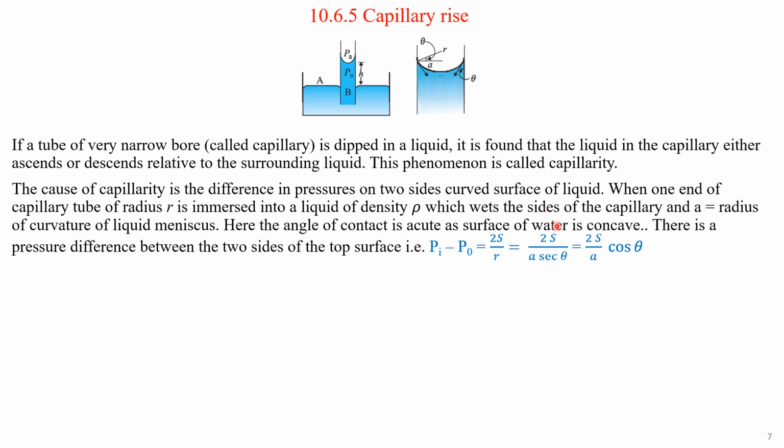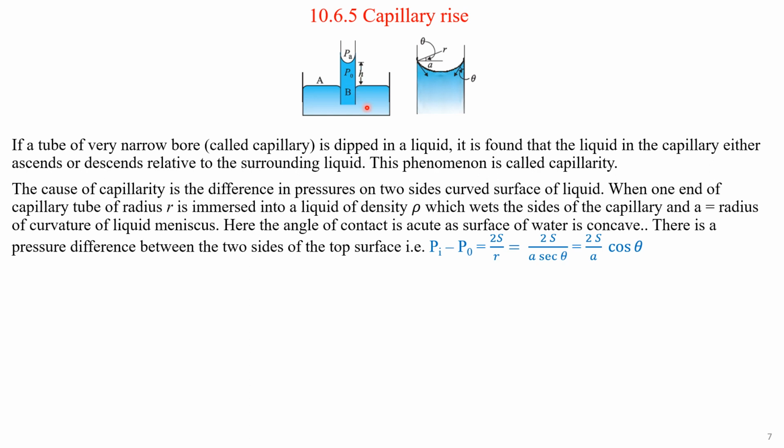When one end of the capillary tube of radius r is immersed into a liquid of density rho, which wets the sides of the capillary, and R is the radius of curvature of the liquid meniscus. Here the angle of contact is acute as the surface of water is concave.